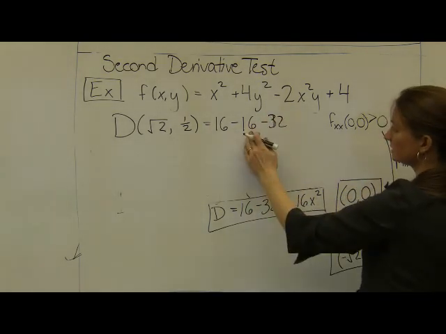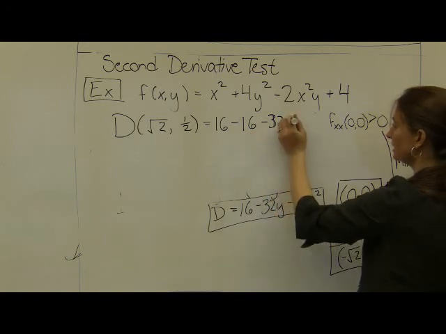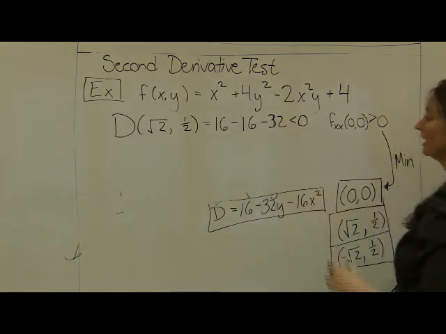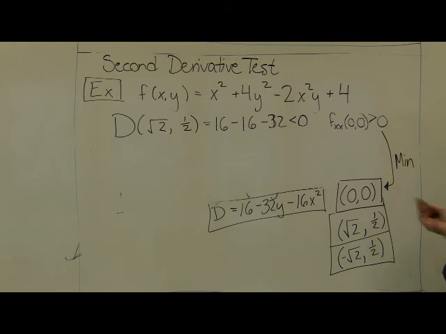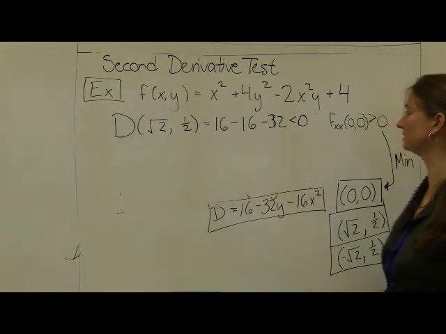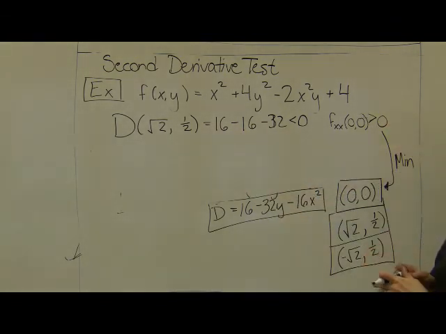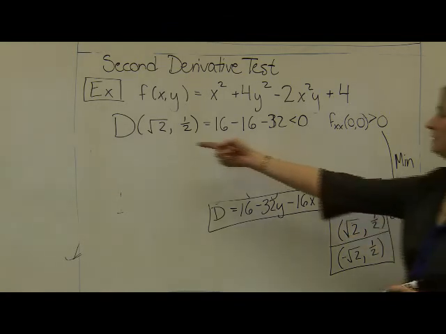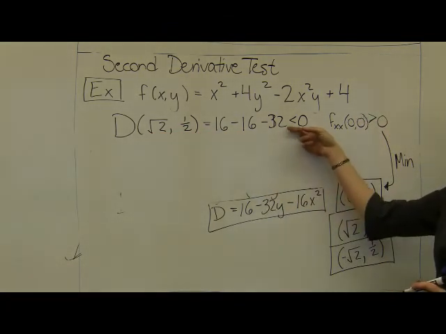So 16 minus 16 is 0, minus 32. This is less than 0. I don't have to do a second check here. I know that if my discriminant is less than 0, then I have a saddle point. So without doing any extra work, I know that my second critical point is a saddle because my discriminant was less than 0.